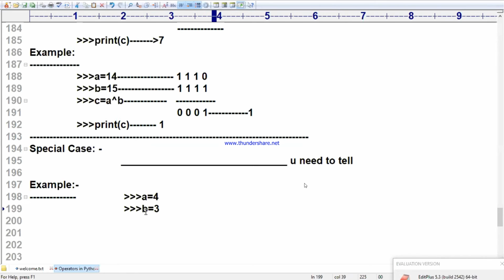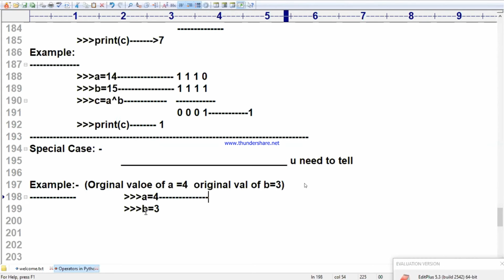Original value of A is equal to 4. Original value of B is equal to 3. You keep this in mind.